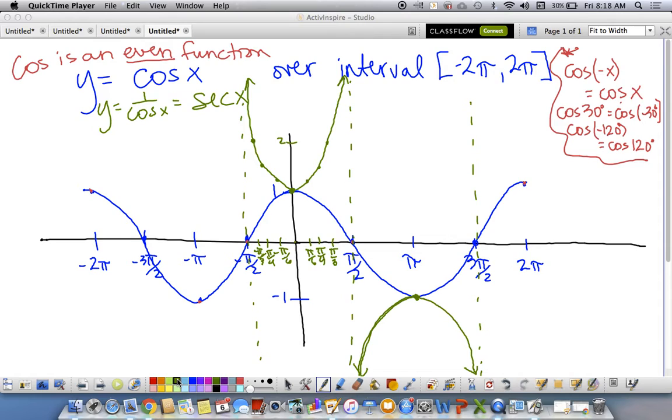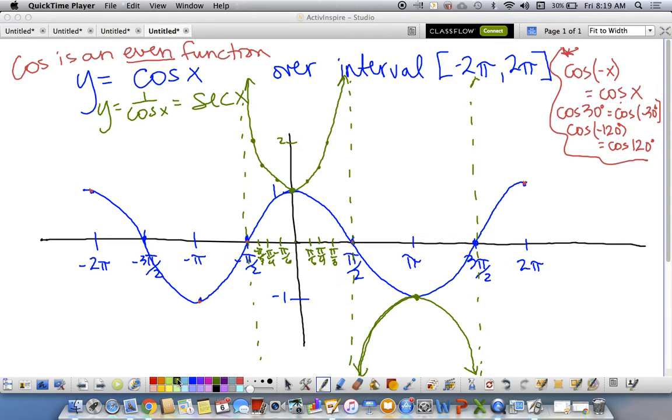Now if we want to jump across 3 pi over 2. Is the blue graph from 3 pi over 2 to 2 pi still increasing? Yes. So does our reciprocal graph have to start decreasing?